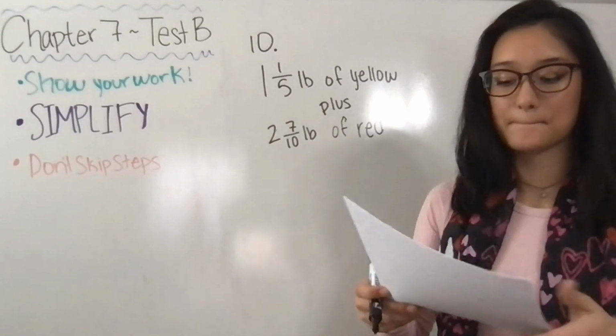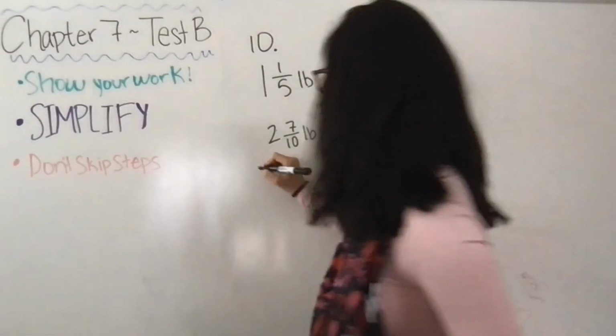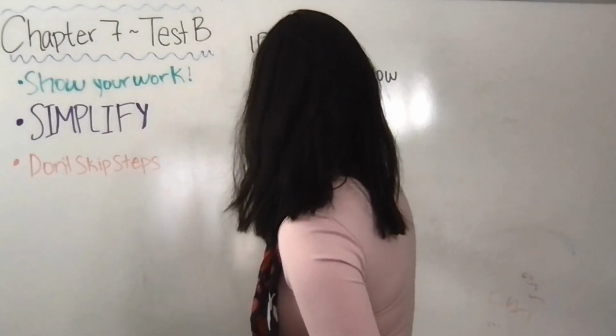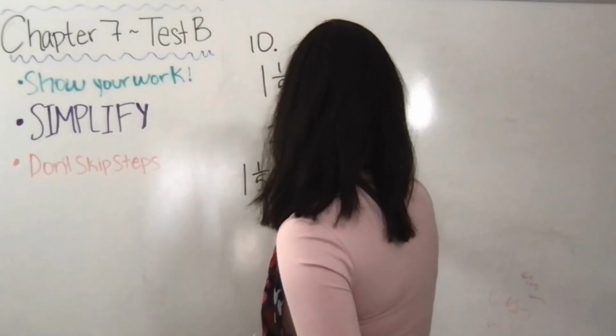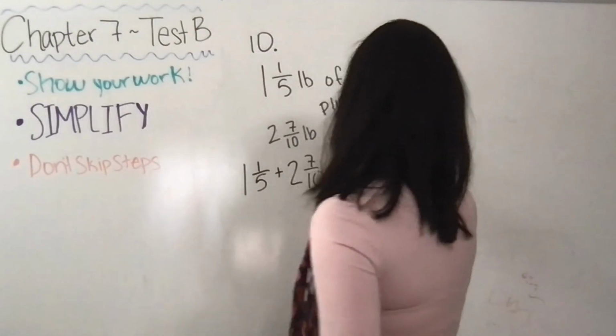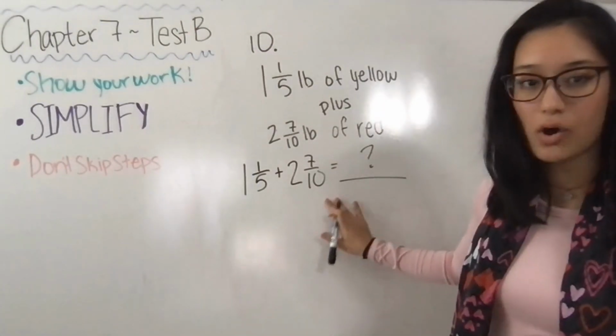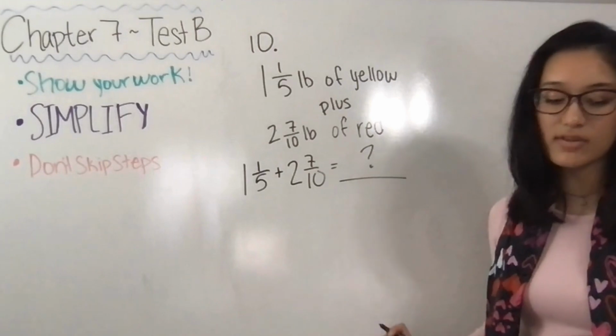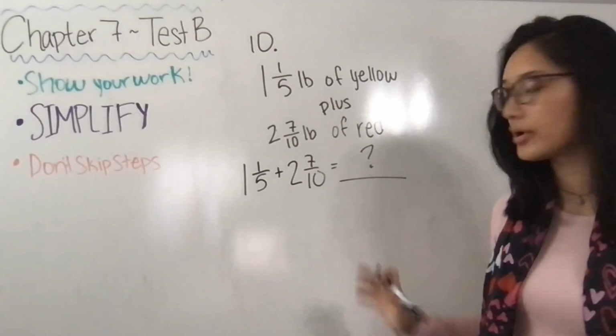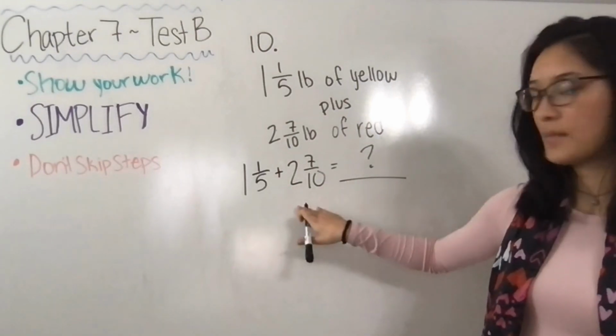So you'll add 1 1/5 plus 2 7/10 to get how many potatoes all together. Now, first thing you do still, even though it's a word problem, is find a common denominator.